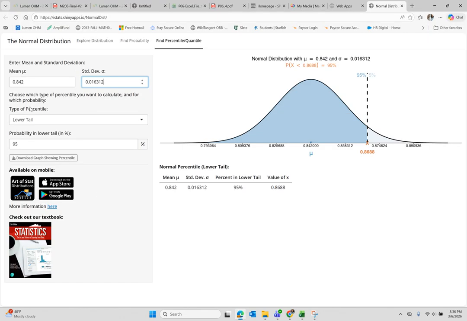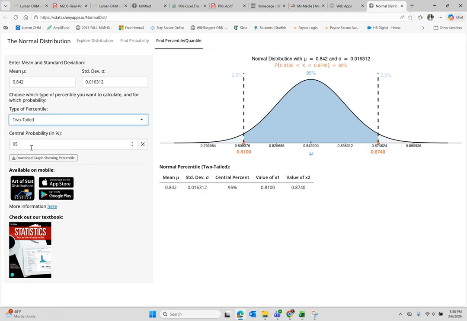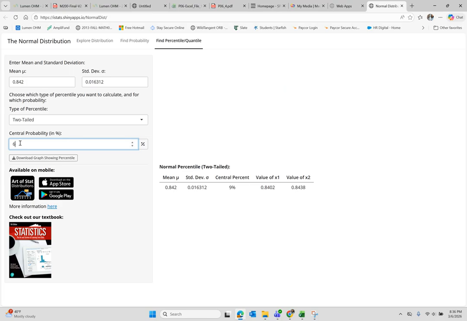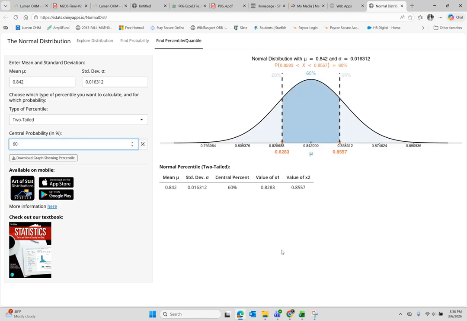Yes. And I want the type of percentile to be a two-tailed, and they're asking me for the central probability, the middle 60%. So I have the middle 60% here, and then on each tail I have 20%, altogether 100%.